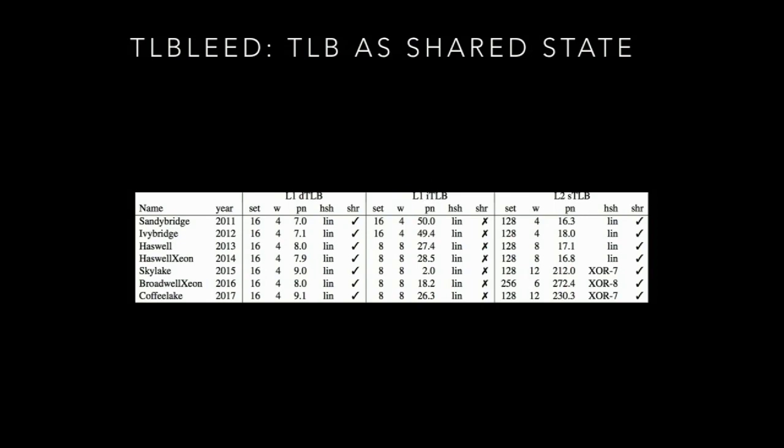Skylake has 128 sets of size 12 each, which is 1536 entries, which is massive, I think. And these kind of strange hashing functions that they started using, I think, since Skylake. So I think that's interesting information to know, since it's not documented.